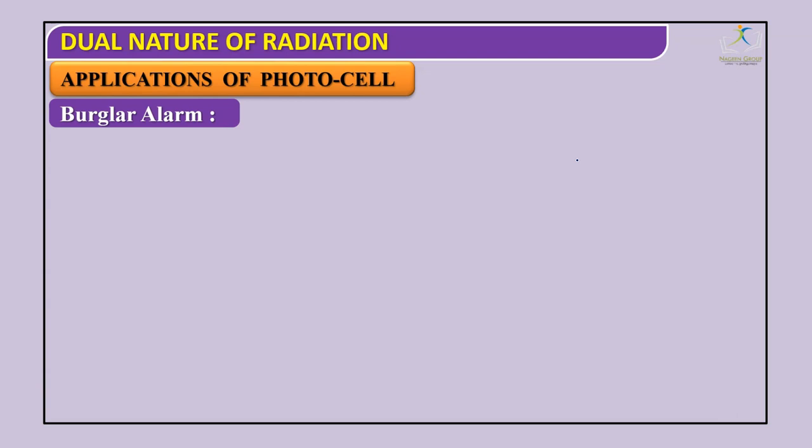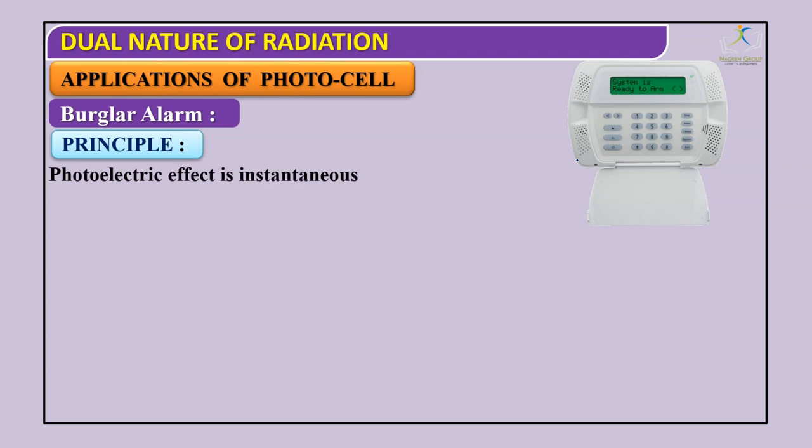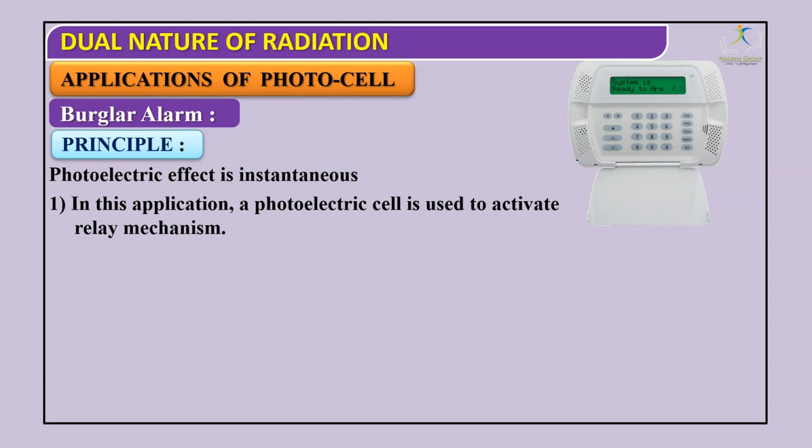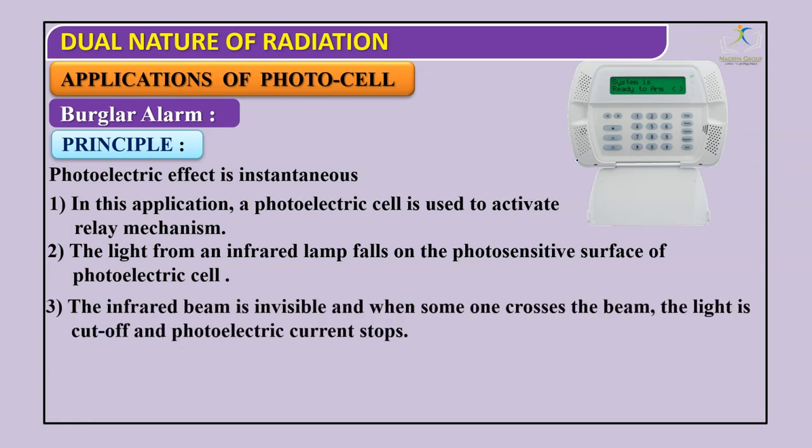Buzzer alarm. Principle: the photoelectric effect is an instantaneous process. In this application, a photoelectric cell is used to activate a relay mechanism. The light from an infrared lamp falls on the photosensitive surface of the photoelectric cell.